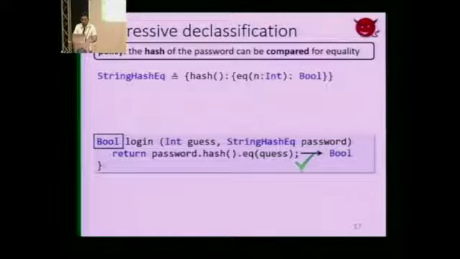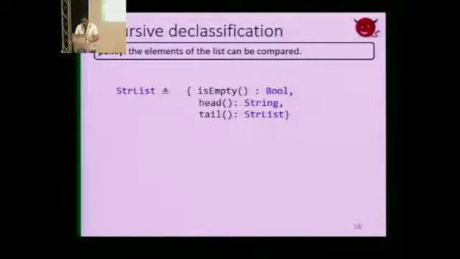Then we are going to be okay with the expected type. Also, one interesting thing about this idea is that it uses the power of the underlying type system. For example, if we have a recursive type, such as a list of strings, we can express policies that say, for example, that we can compare the elements of the list with a given value.